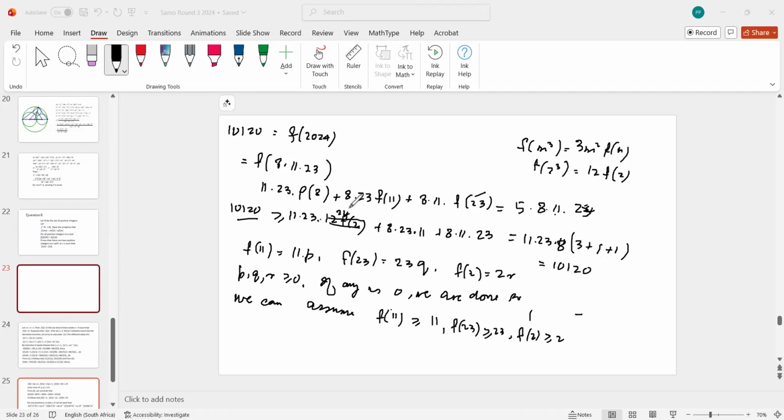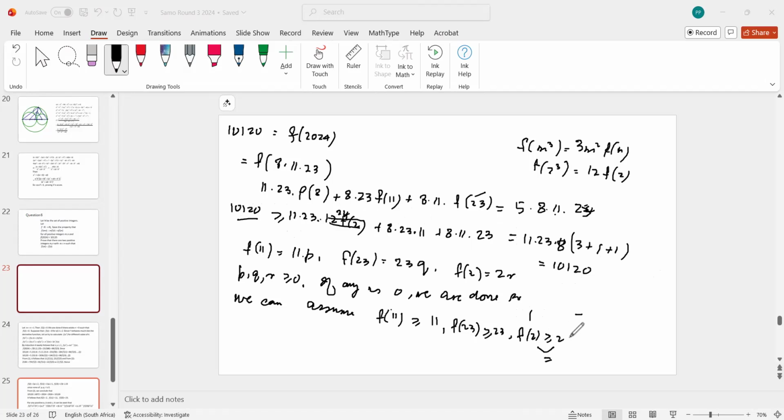So in other words, this whole thing here is exactly equal to 1,120. The greater or equal can be replaced by equal sign. Which means that all these are actually equal.